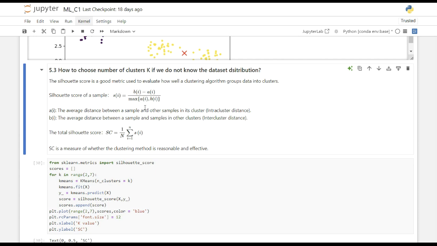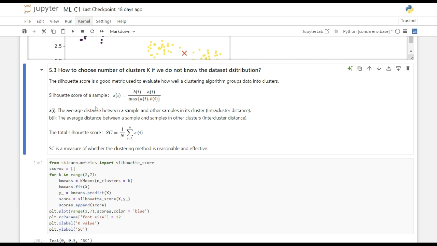It's very simple, very easy to understand. So it has several items in here. So i in here just means each data point, because if you want to get this score, you need to get the distance.